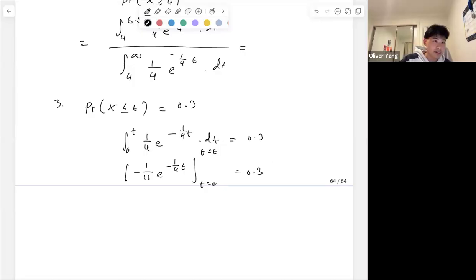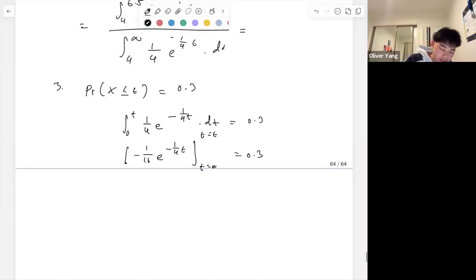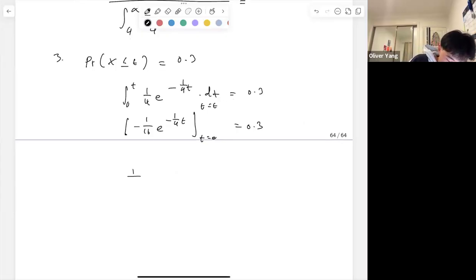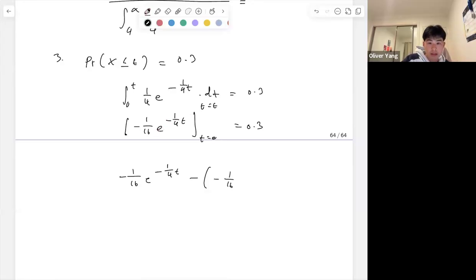And then we can literally just sub it in, right? So 1 over 16 e to the, yep, minus, minus. When we sub in 0 for our lower terminal, this just becomes 1. This here becomes 1, yeah? So it's just going to be minus 1 over 16, right?